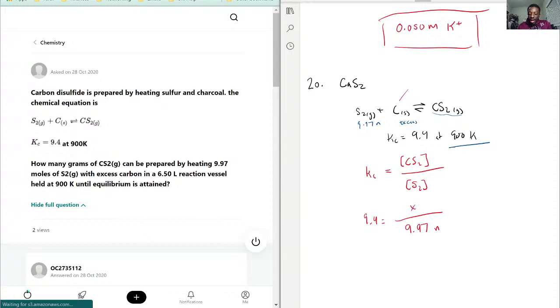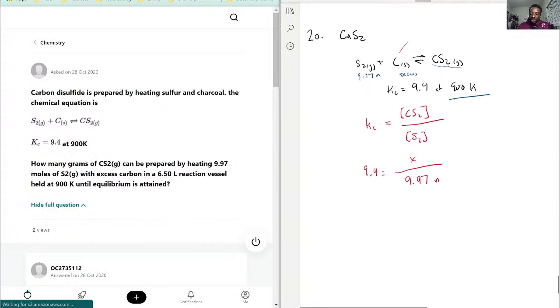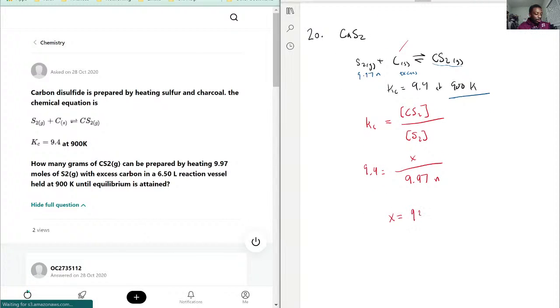So if we multiply these together, we have 9.4 times 9.97. X is equal to 93.718. Wow. Well then, that is definitely a lot.